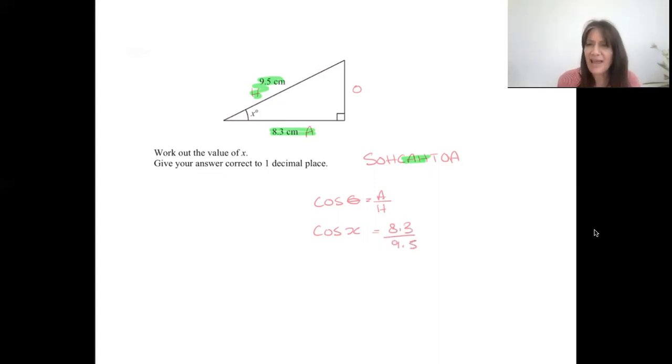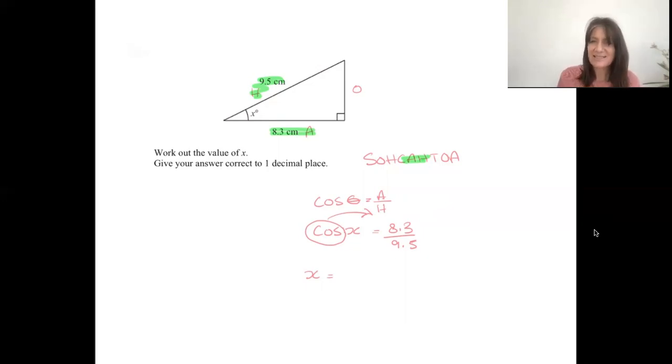Okay, if I want to know what X equals, I've got to get it on its own. I never ever deviate from that rule when I'm trying to find the value of a letter. So if I'm going to get X on its own, cos needs to be picked up and put on the other side. That will leave me my X. It can't land as cos. Nothing ever lands exactly as it was. It always lands as its opposite.